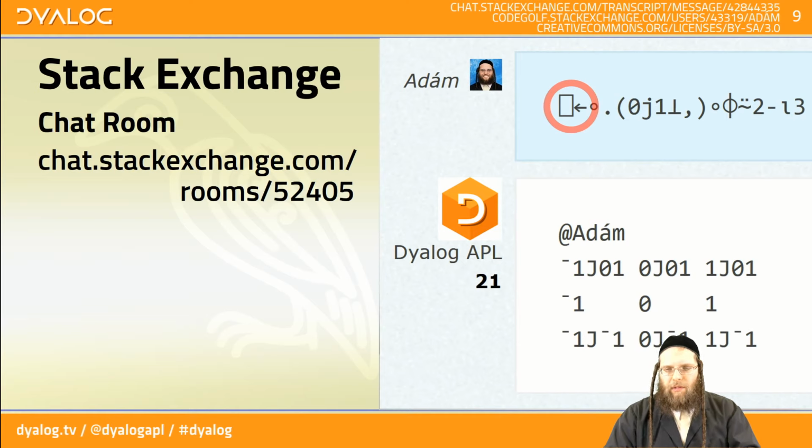So in effect, this makes the chat room somewhat similar to an APL session. There's no retained state, but it's good enough for evaluating one-liners.